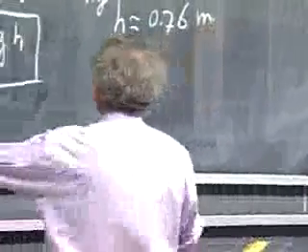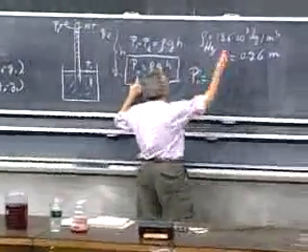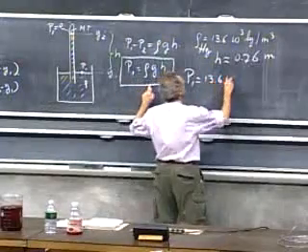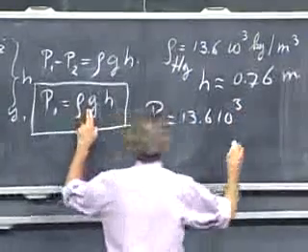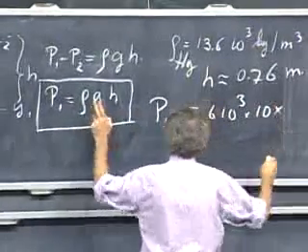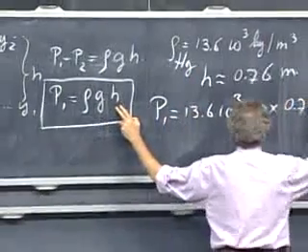And so the barometric pressure, P1, is then 13.6 times 10 to the third times g, for which I will take 10. And the height is 0.76.